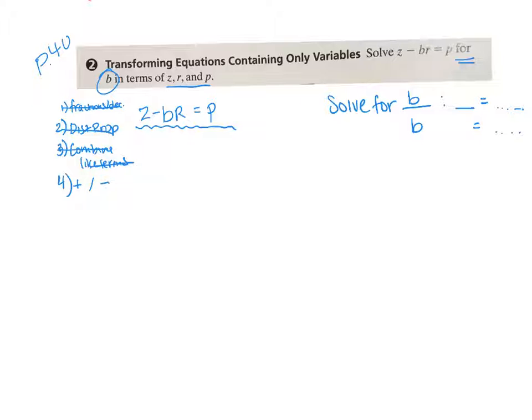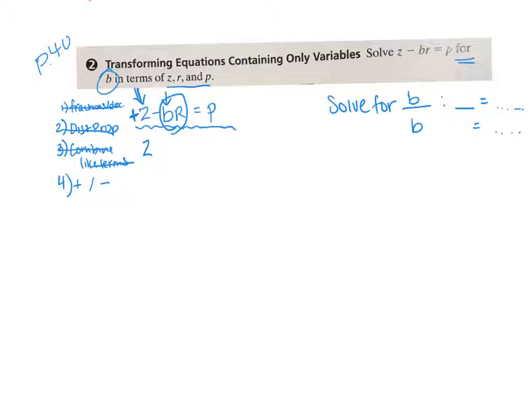Okay, so I have to look here. I've got a positive Z and I've got negative BR. If I want to keep B here, then I'm not going to do anything to this term. I need to move this guy. So how do I get Z away from my B? Well, hopefully you notice that if I'm subtracting BR from it, then this is positive, so I end up needing to add a negative.